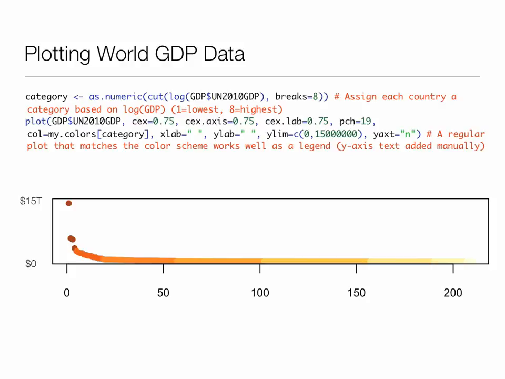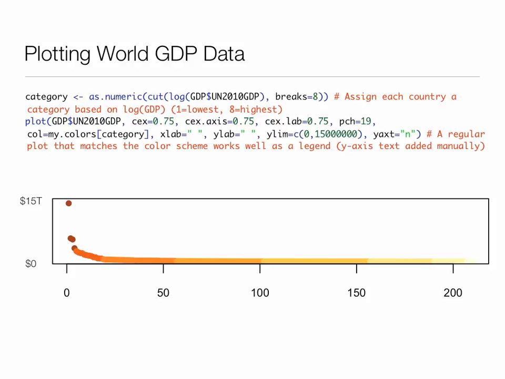We're going to use the same 8 categories from the logged version of GDP. So what we're going to do is apply the 8 categories that are evenly spaced when GDP is logged to GDP when it's not logged. And we're going to put that into the category object.